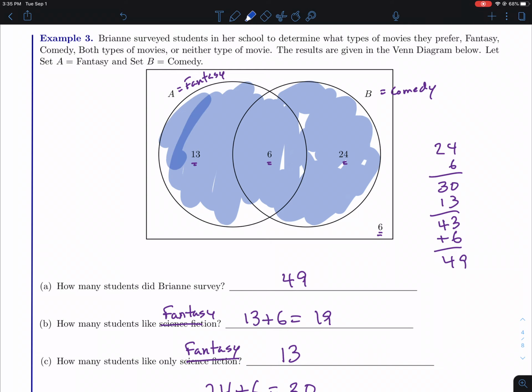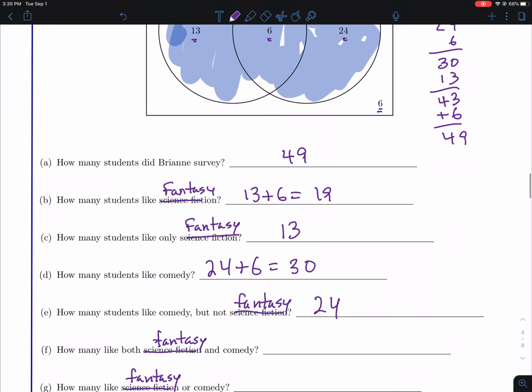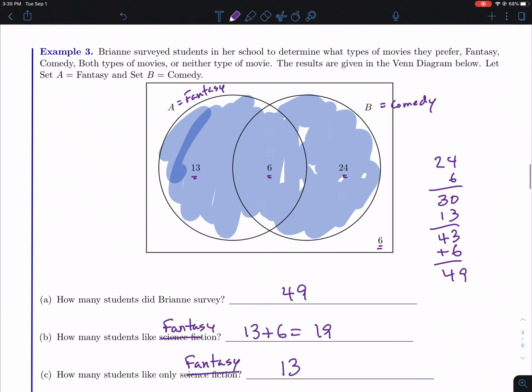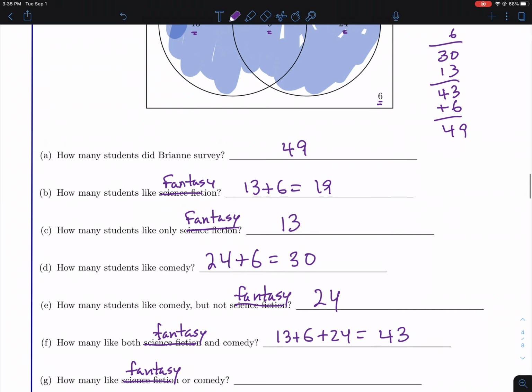So we want to add all of those up. We're looking at 13 plus 6 plus 24. So we get 43. So 43 students like both fantasy and comedy.